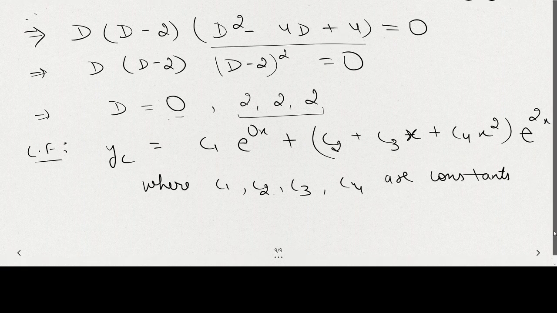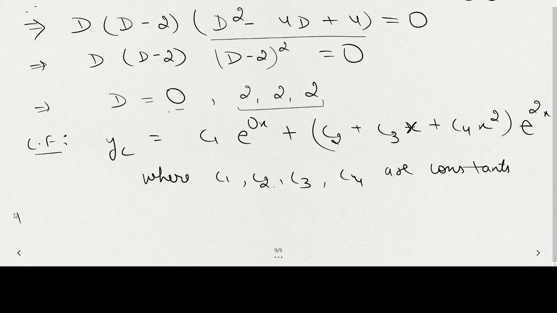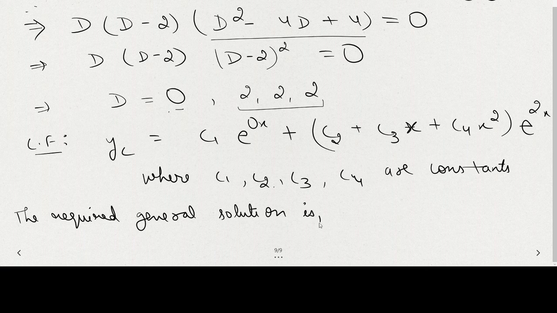So if we write it down, the required general solution is y = C1 + (C2 + C3 x + C4 x^2) e^(2x), where C1, C2, C3 and C4 are constants.